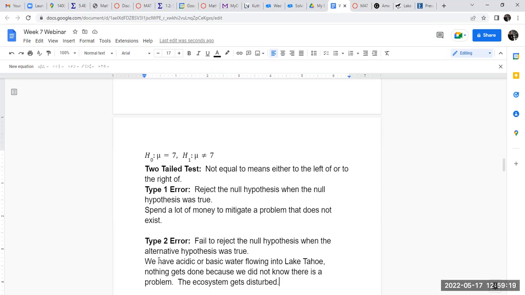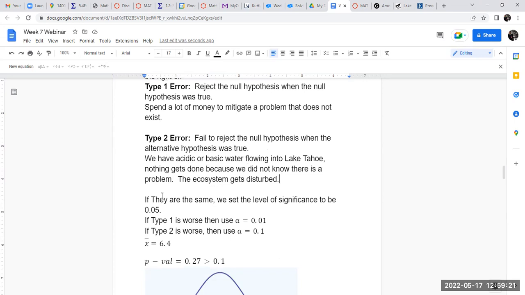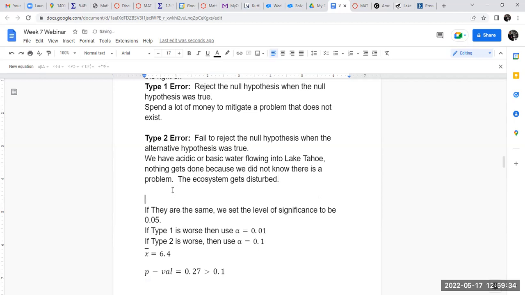Okay, so if you think 2 is worse, again, a lot of it has to do with your political situation. That's why I'm going to ask you guys. So if we think 2 is worse, then what should we use? 5%? 10%, right? So in this case, use a 10% significance level.